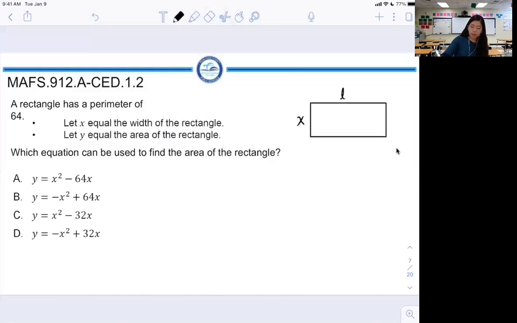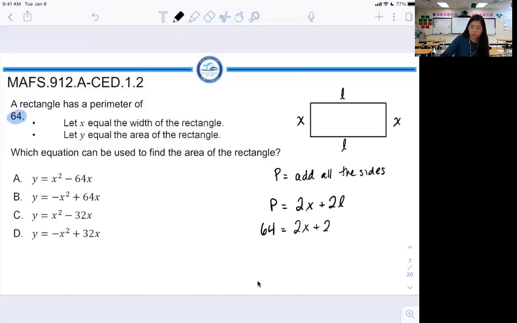So the perimeter is when you add all the sides, which means that the perimeter for this one would be, if that's x, the other side is also x, and then down here, both of these would be L. So the perimeter would be 2x plus 2L. I also know that all of that is going to equal 64. So 64 equals 2x plus 2L.